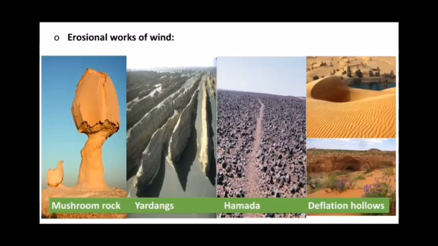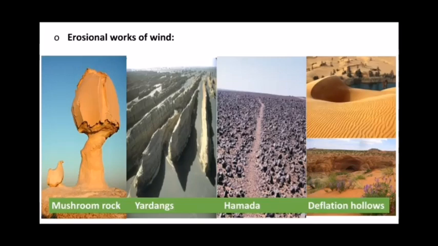So you can see the picture of the mushroom rock. You can see how the lower part is completely eroded and it looks just like a mushroom. Second picture, we have the yardangs. So children, yardangs consist of soft rocks. There are two types of rocks, soft rock and hard rock.